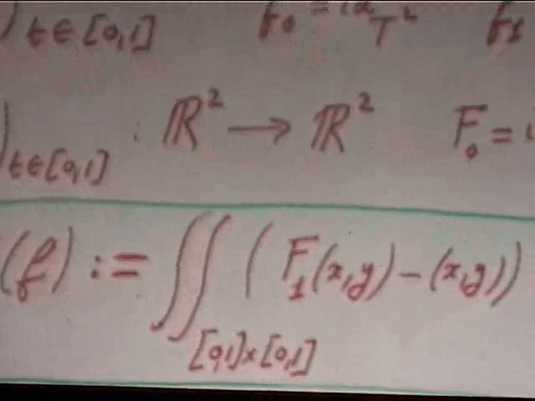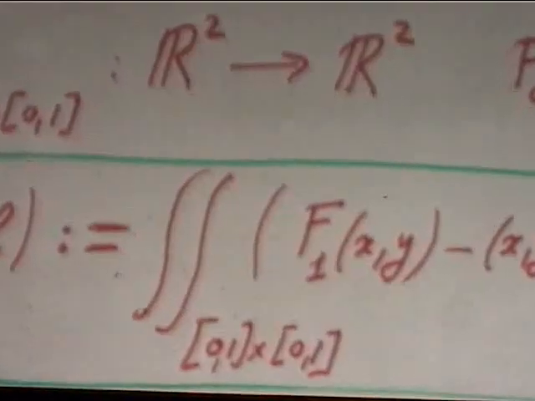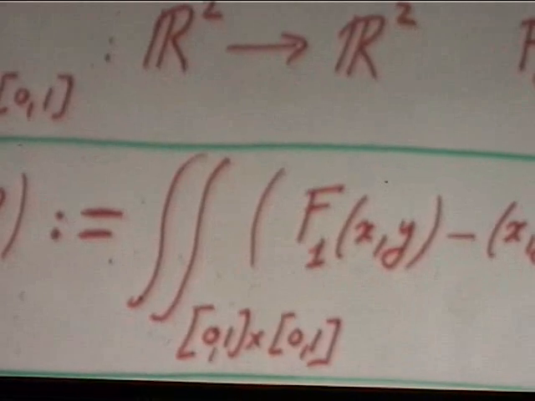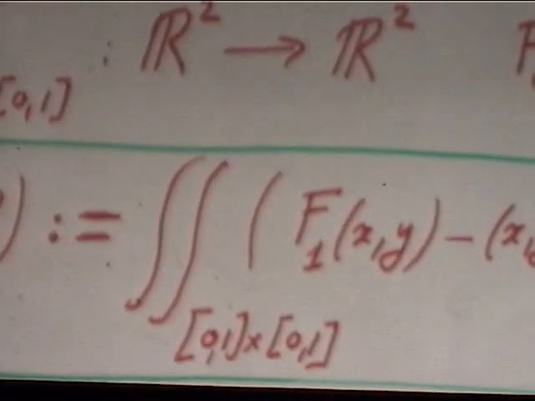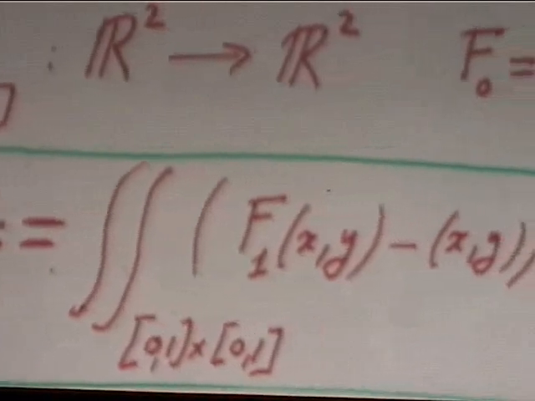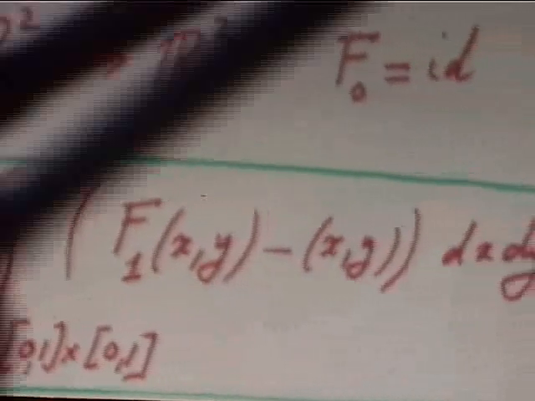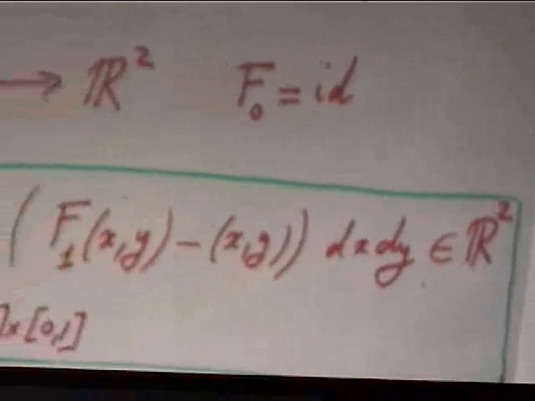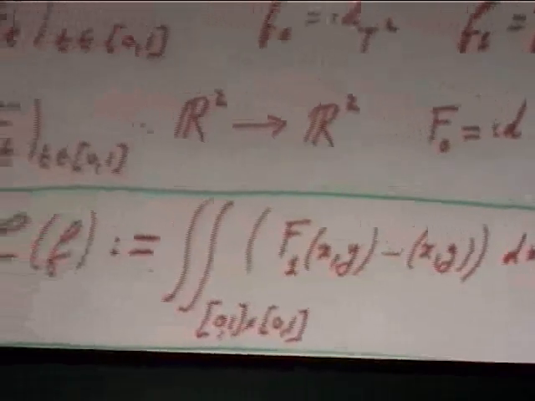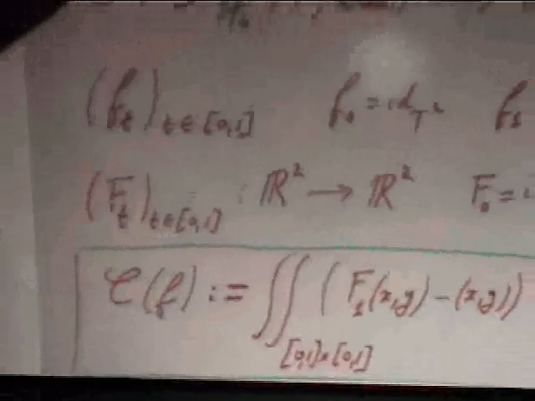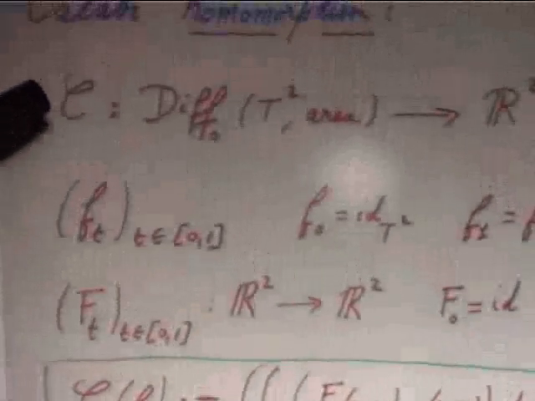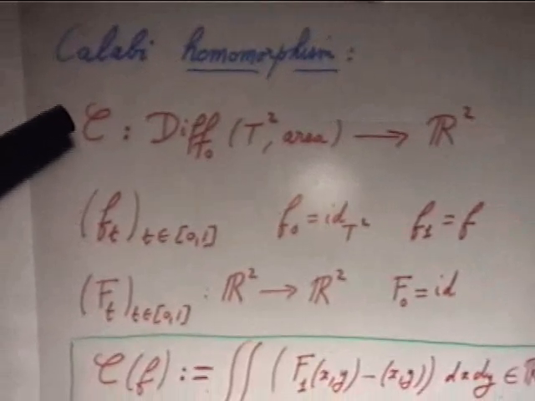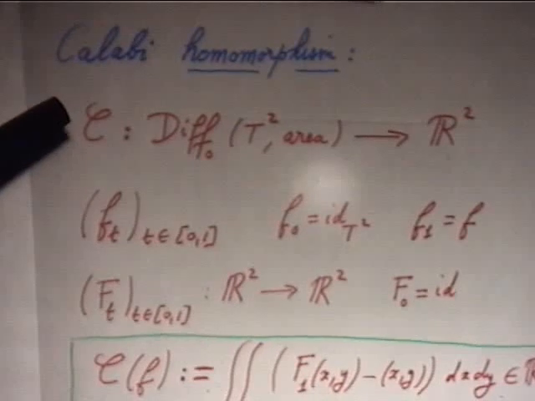This way you get a number, which is called the Calabi invariant of F. And this number, C of F, has the property that it defines an actual, not quasi-homomorphism, but a homomorphism from this group to R2. In particular, if you take an element in this group whose Calabi invariant is not 0, then this element cannot be written as a product of commutators, because any homomorphism has to vanish on commutators.